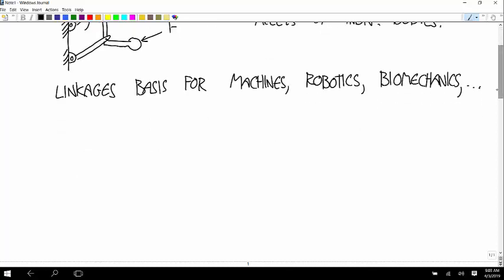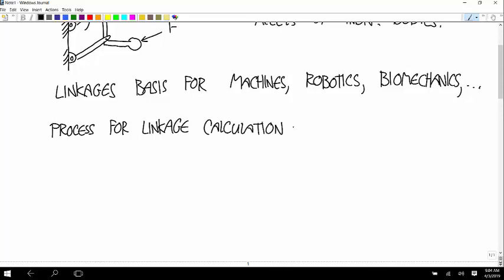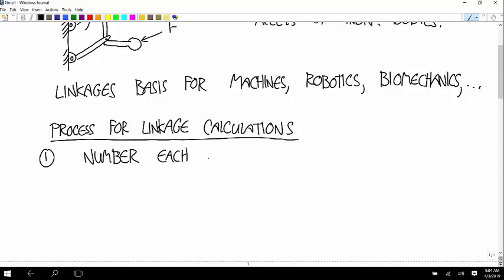And so let me give you the overall process for a linkage, and then we'll do a couple of examples. So first, number each member in the linkage, just for bookkeeping.